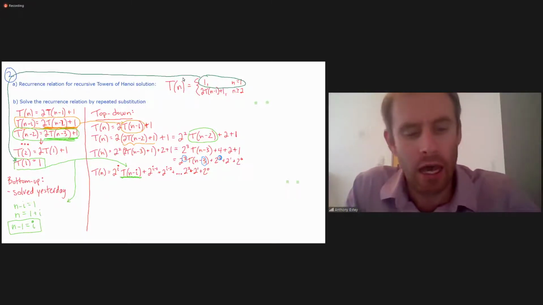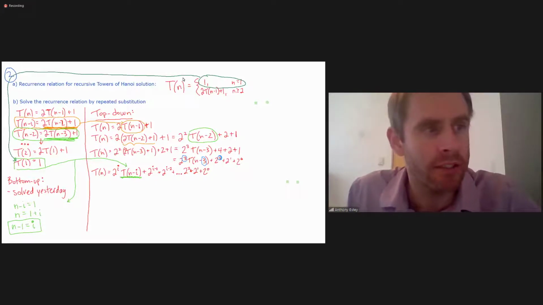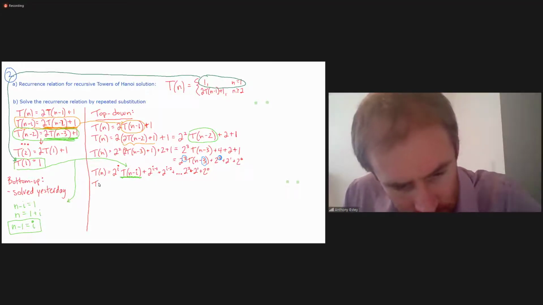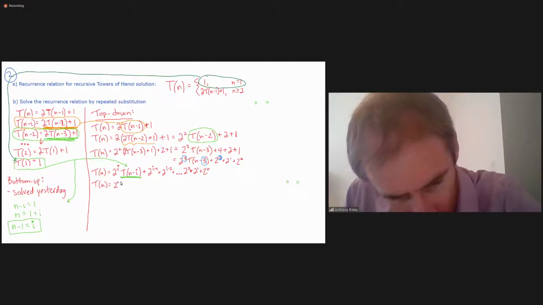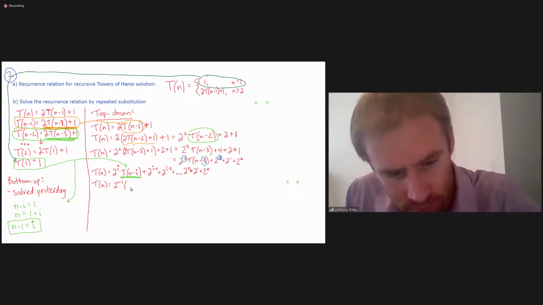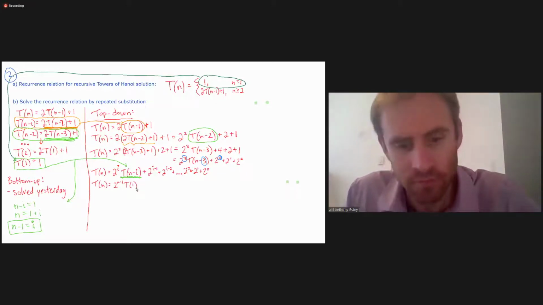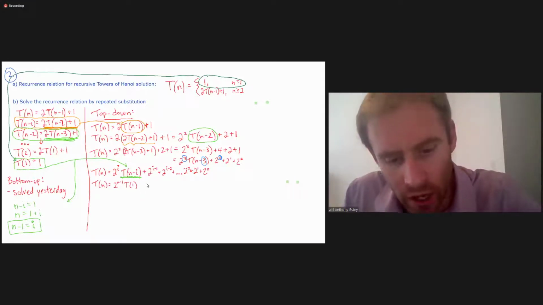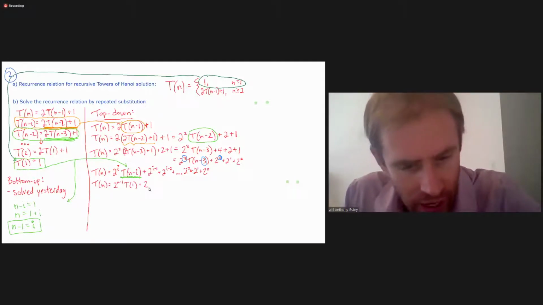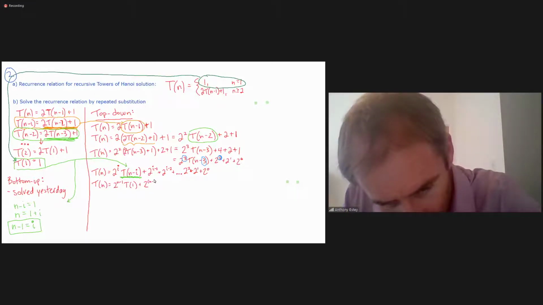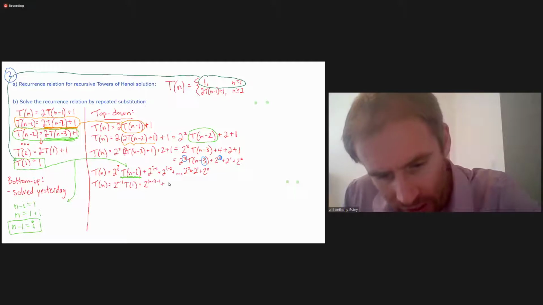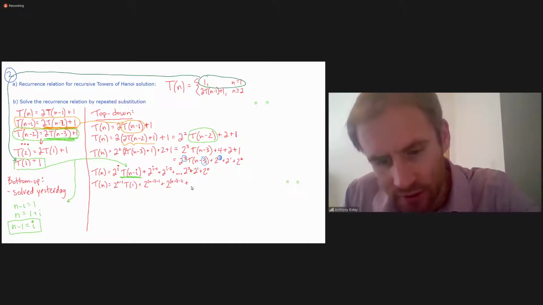So if we let I be n minus 1, we can rewrite this as 2 to the n minus 1 times t of 1 plus 2 to the I, which is n minus 1 minus 1, plus 2 to the n minus 1 minus 2, plus all the way down to 0.